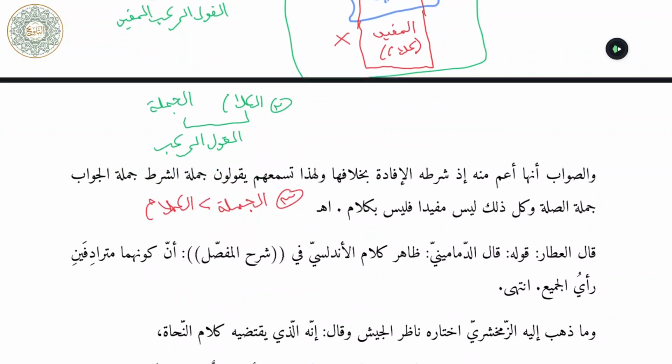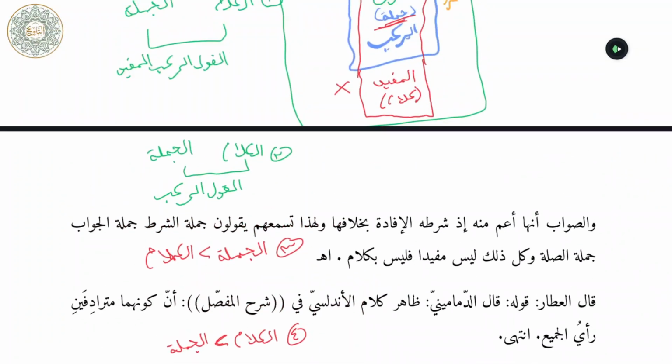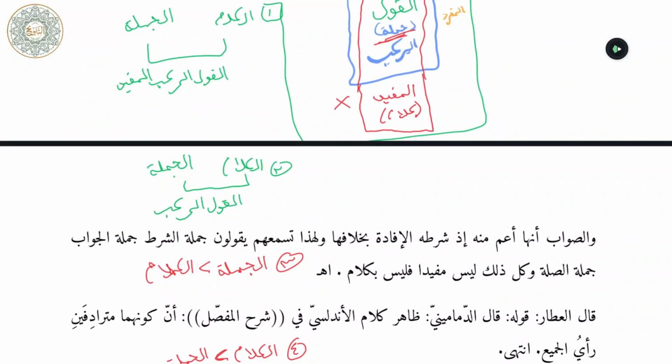And then you have a fourth opinion, which is mentioned by al-Radi, which is the opposite, that al-kalamu a'ammu min al-jumla. You'll have places where you can refer to something as kalam, but you can't refer to it as a jumla.